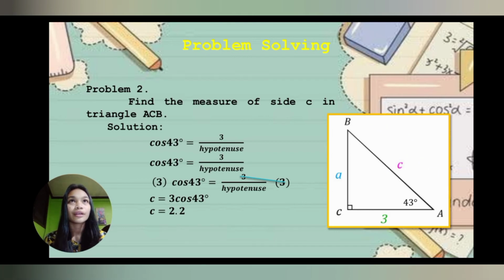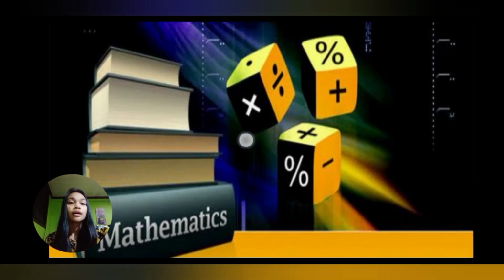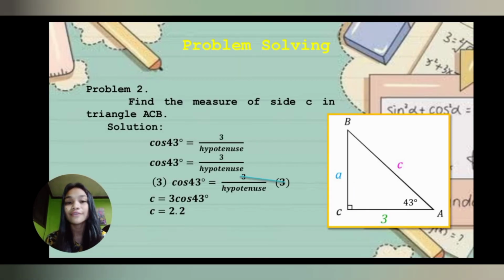So our formula is CAH, cosine equals the adjacent divided by the hypotenuse. Cosine 40 degrees equals the adjacent, which is 3, divided by our hypotenuse.